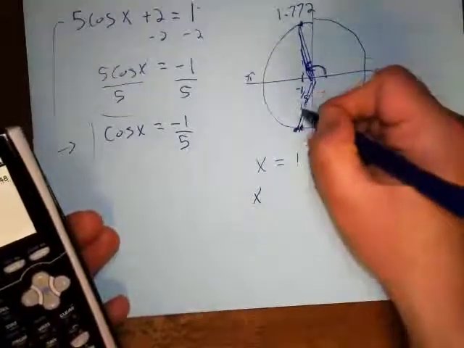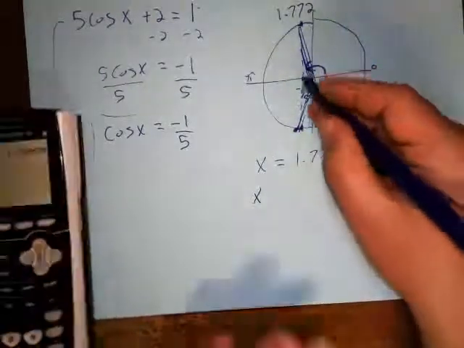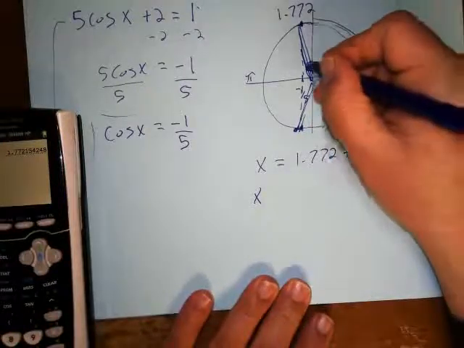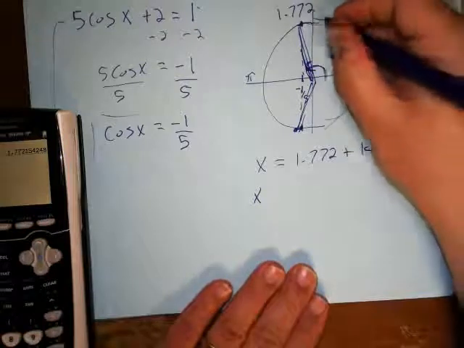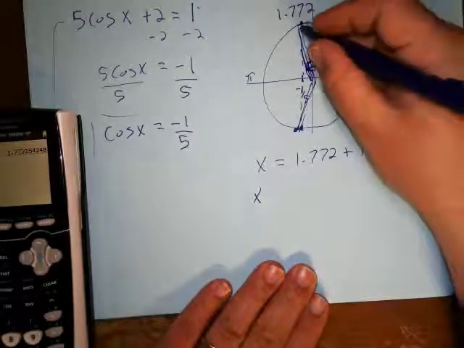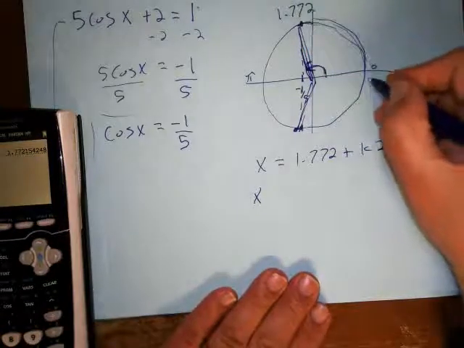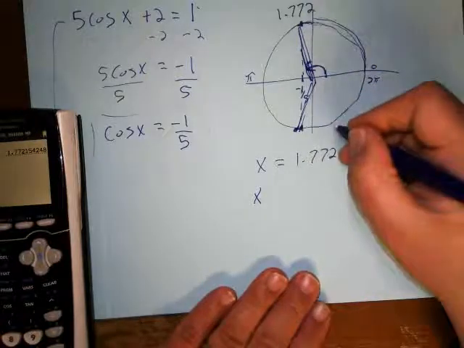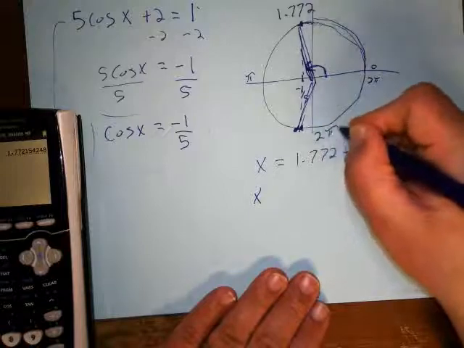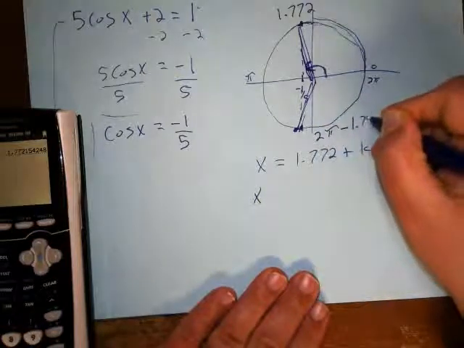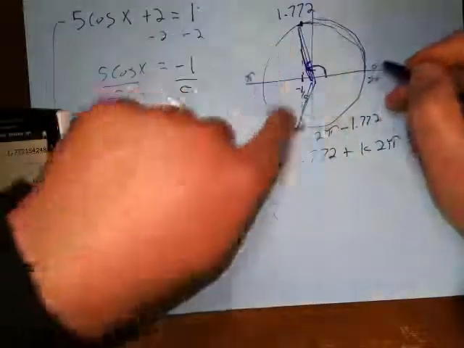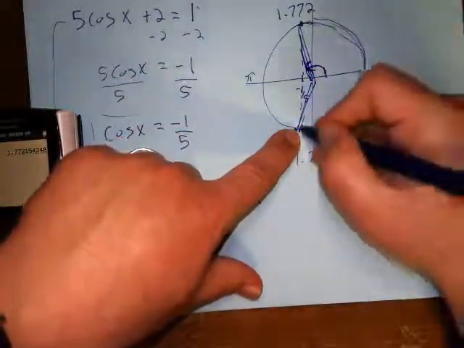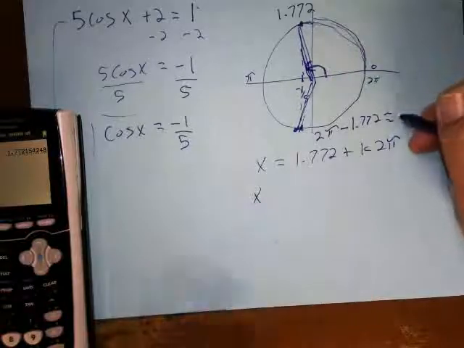Now I need this angle down here. So how am I going to get that? Well, this arc here, or this angle, however you want to think of it, this distance is 1.772. So I've got 2 pi up here, and I'm backing up that distance. So I'm taking 2 pi, subtract 1.772. I've gone 2 pi, and I'm backing up this same distance, and that's going to give me the other one.